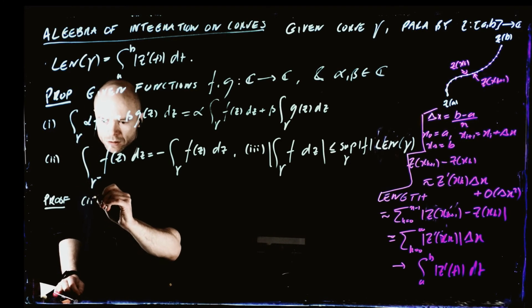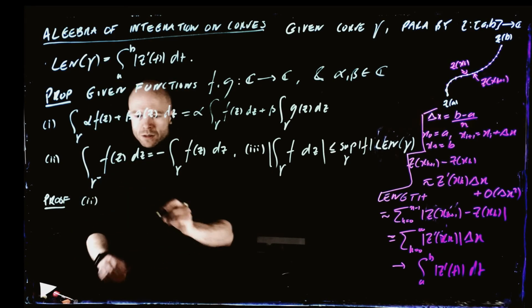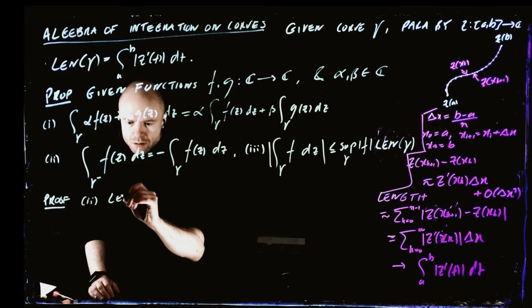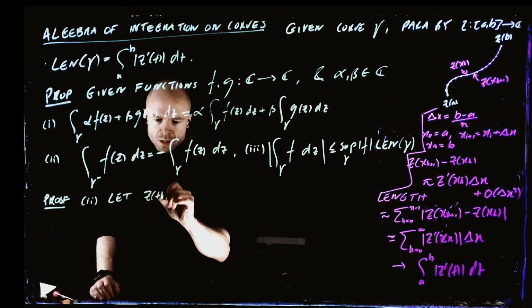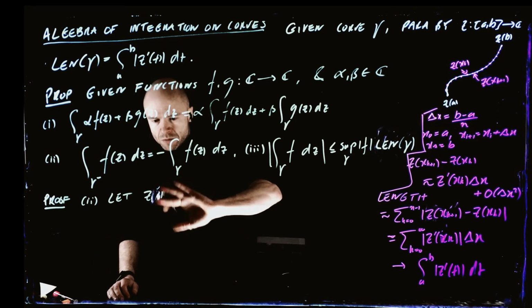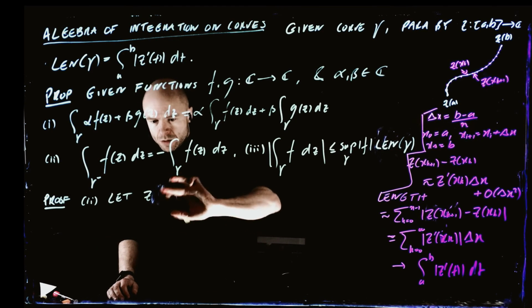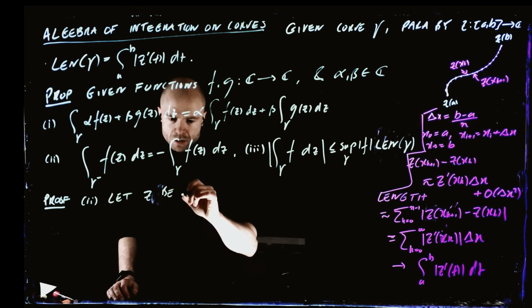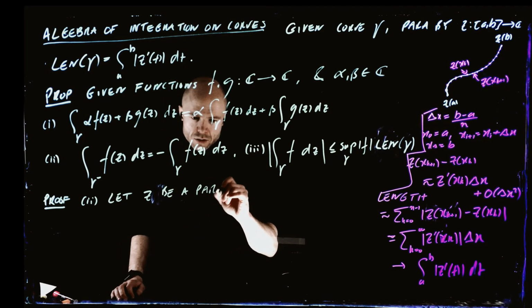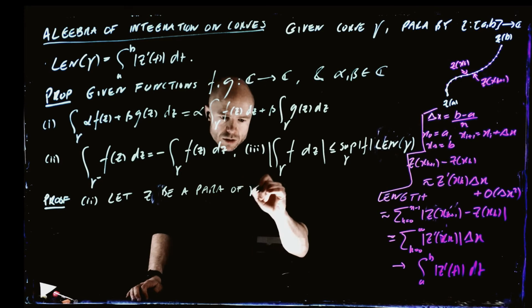Let's do 2. So let z of t, let's just write z, be a parametrization of gamma.